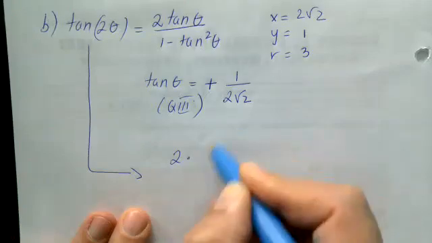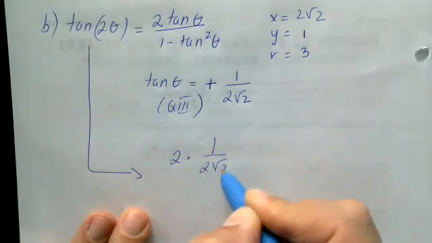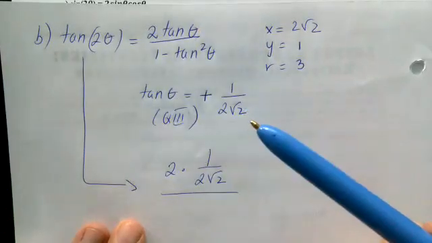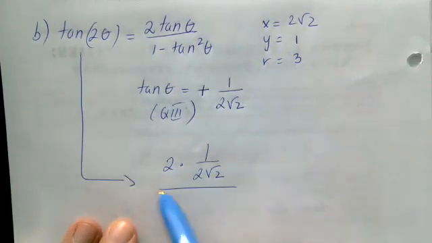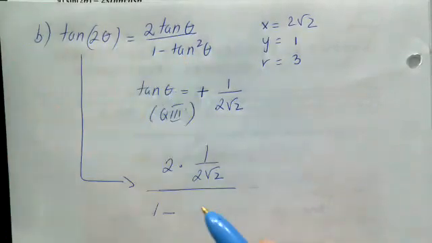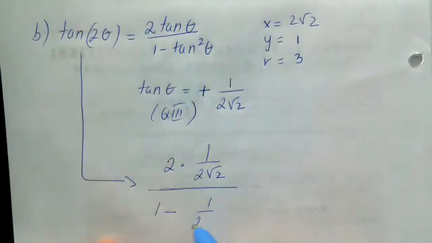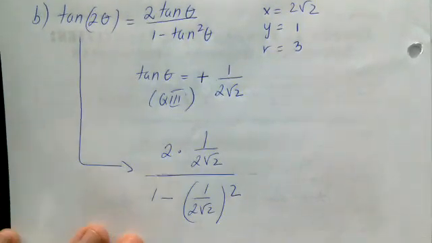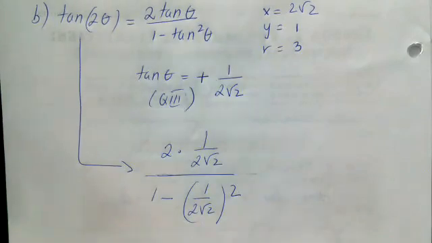So 2 times 1 over 2 square root of 2. So 2 times tangent of theta I've just done at the top of the fraction line. And at the bottom, we do 1 minus squaring the tangent of theta. So 1 over 2 square root of 2, everything squared. Now this is 2 over 1 there.